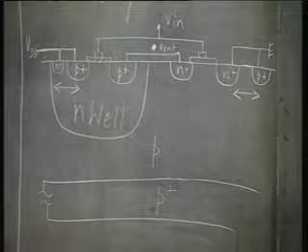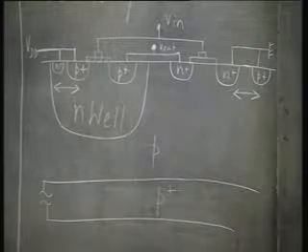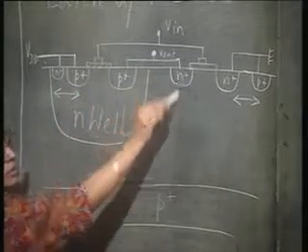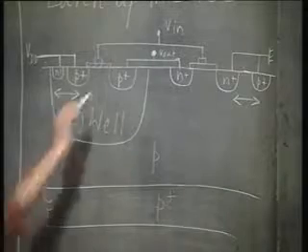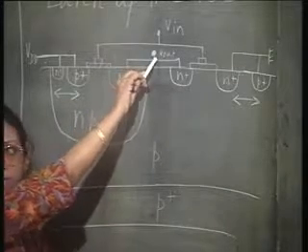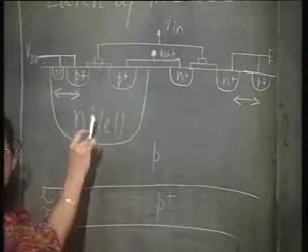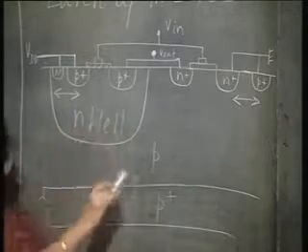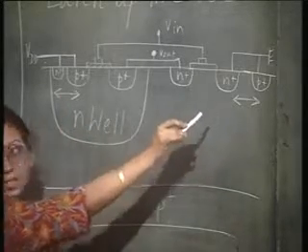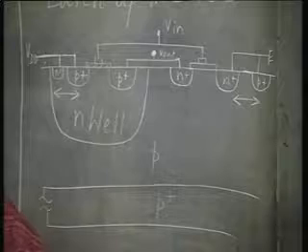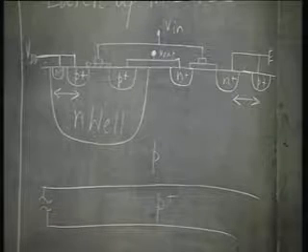There is no question, even if to begin with this one injected electrons because of V out falling below 0.7 volts, even if this one injected electrons and this one injected holes, by the time the holes reach here, there is going to be no regenerative mechanism, right.